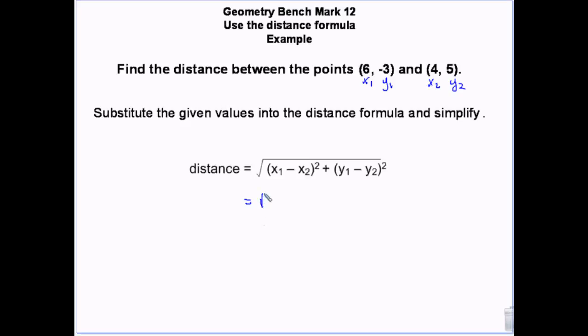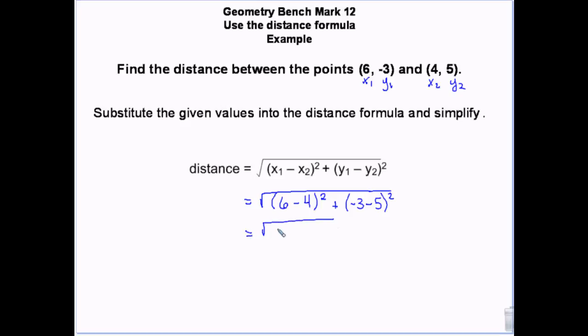Okay, so the distance is the square root of x1 minus x2 squared, and then y1 minus y2 squared. Now, if you have this one with your seconds, remember that if you minus a negative, it becomes a positive, so don't forget that.